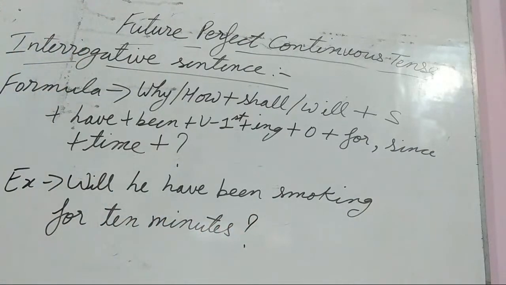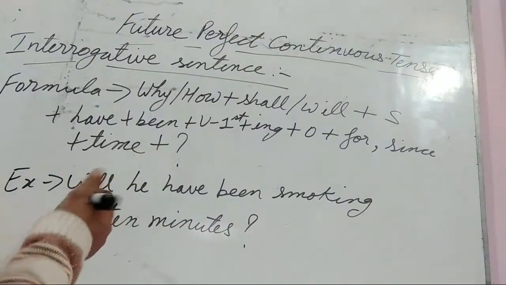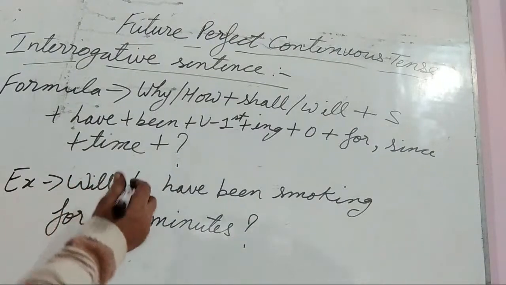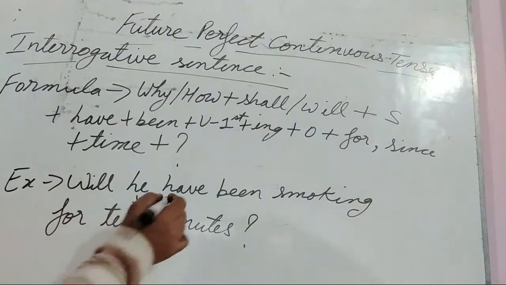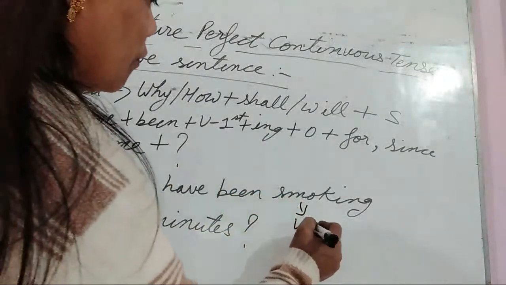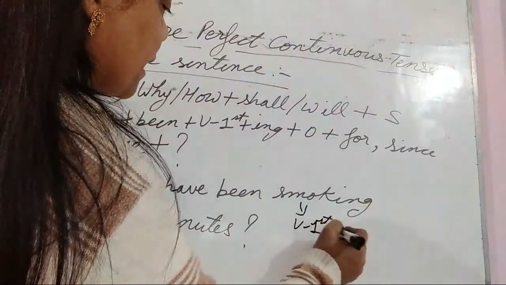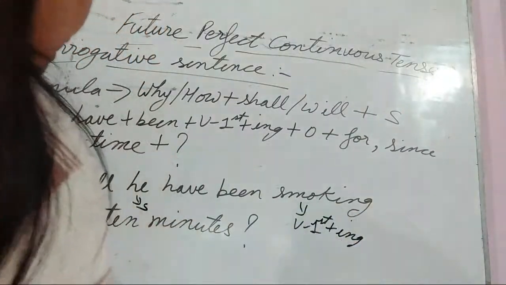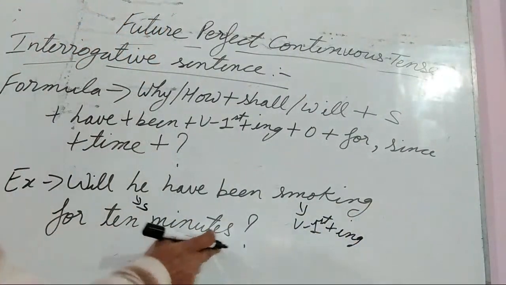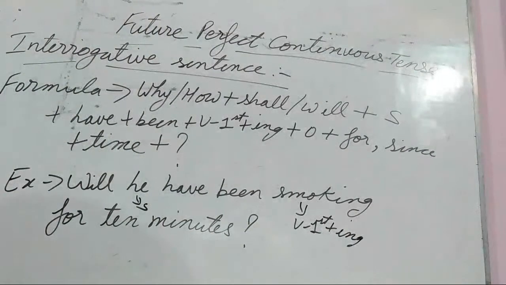The question is, will he have been smoking for 10 minutes? So according to the formula, as the question is asked, so will, he is your subject over here, have been smoking, smoking is your verb of first form plus ing, okay, and for 10 minutes, here 10 minutes is showing the time.